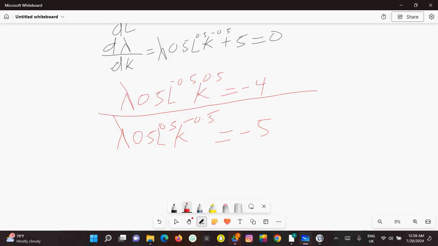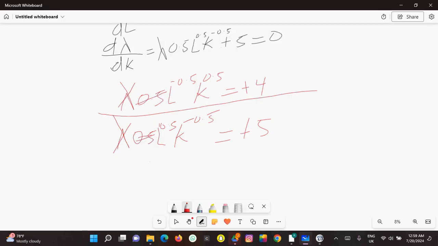So now we divide them, right? The negatives will cancel out. The lambdas will cancel out, right? 0.5 and 0.5 will cancel out. L is here, and L is also at the top here, so we take one of the bases and subtract the powers.